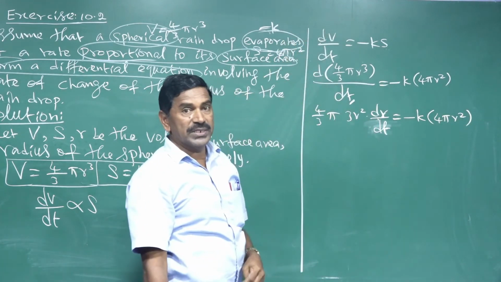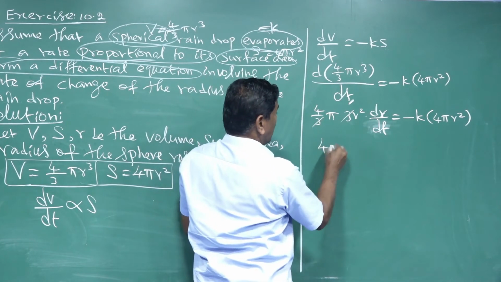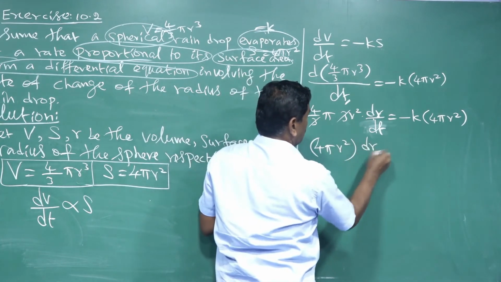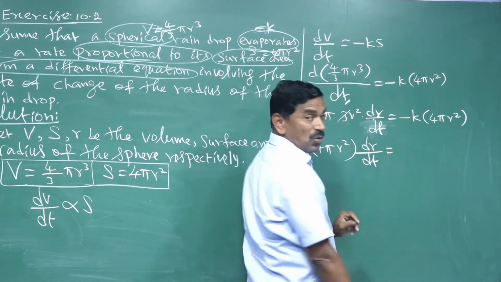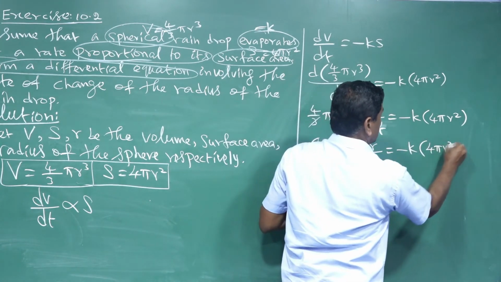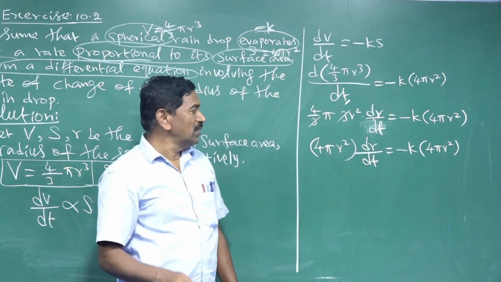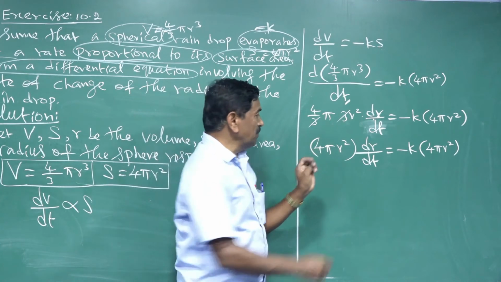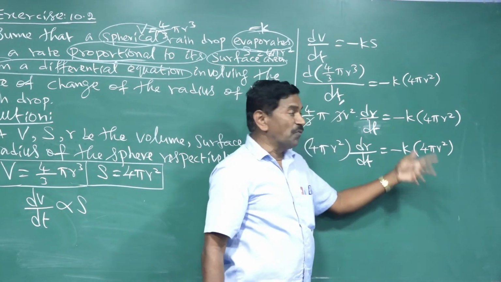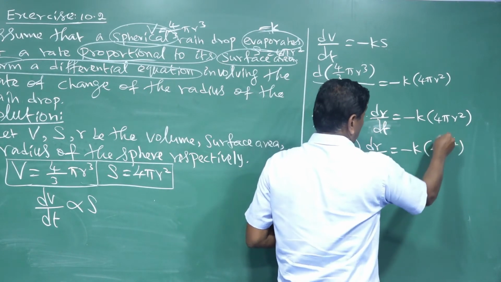Okay. Now simplification. Yourself? Yes, very good. 3 cancels. Right, the remaining is 4 pi r square into dr by dt, which is equal to minus k into 4 pi r square. Now there is a further cancellation. This 4 pi r square goes to the right, divided by 4 pi r square. So we can cancel 4 pi r square with 4 pi r square.